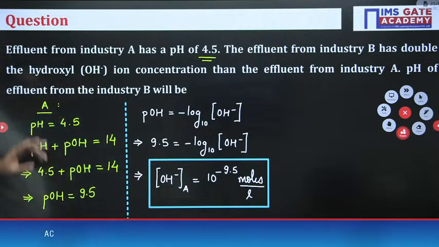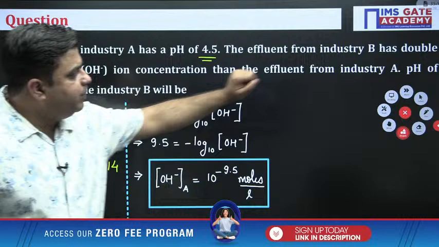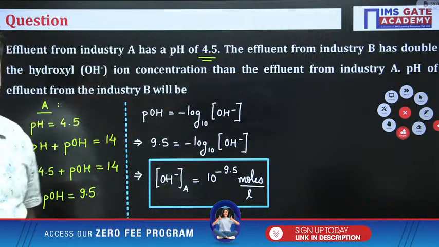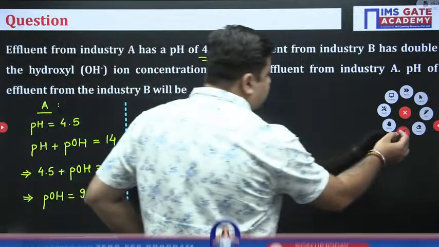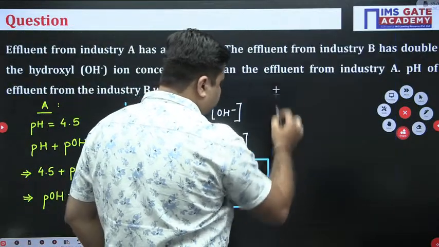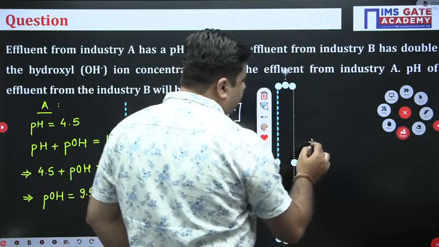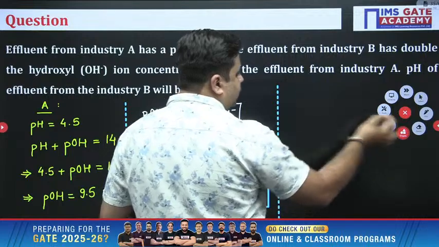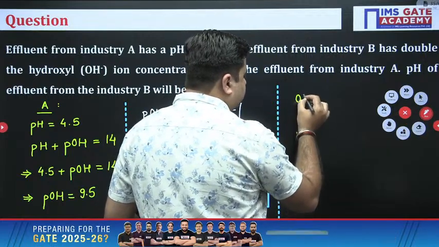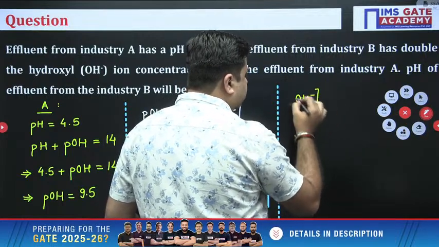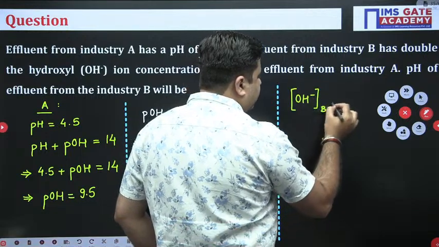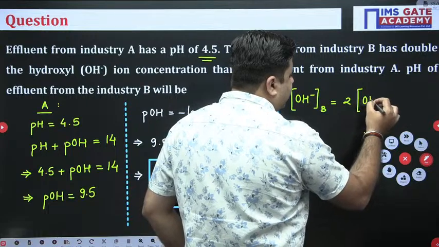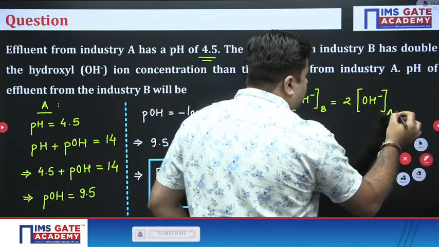Now they are saying that the effluent from industry B has double the hydroxyl ion concentration than the effluent from industry A. Means OH minus ion concentration for industry B is twice the OH minus ion concentration for industry A. Substitute the values.